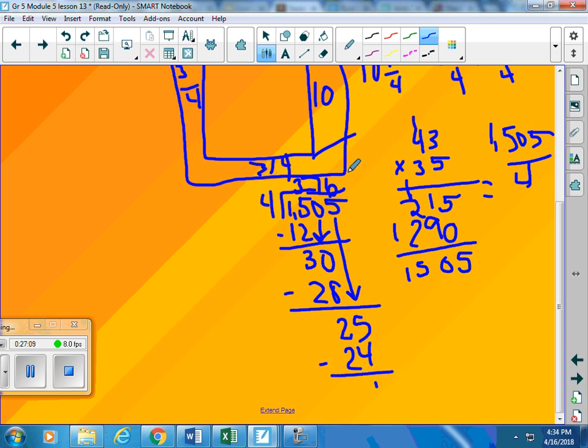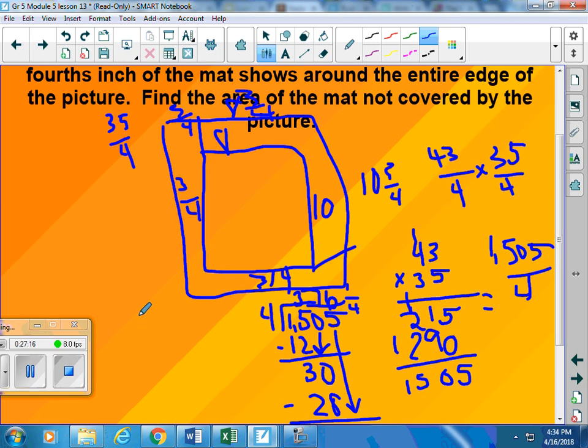24. So the area of this entire picture frame is 376 and 1/4 inches squared.